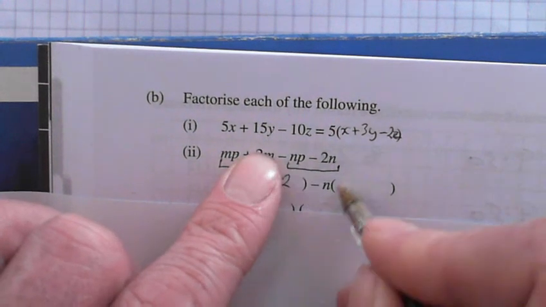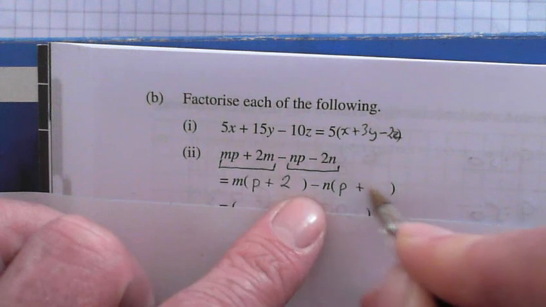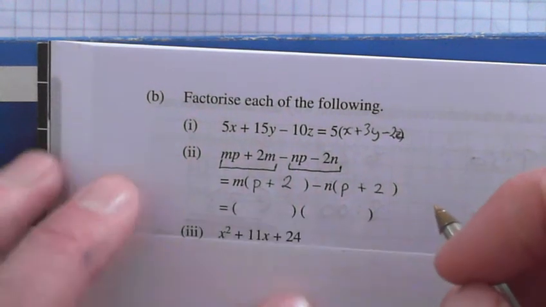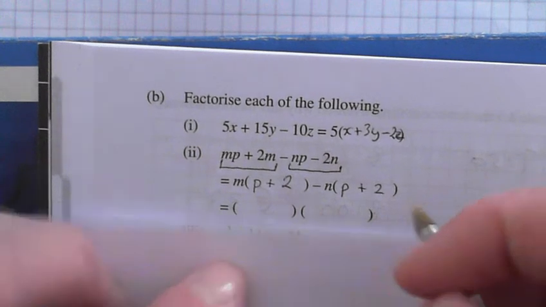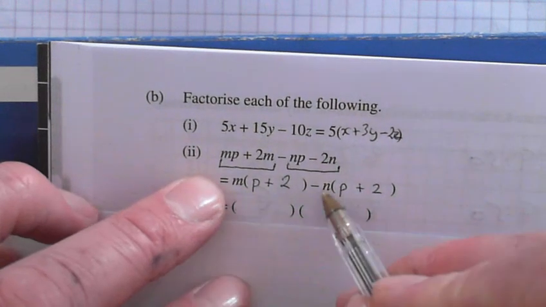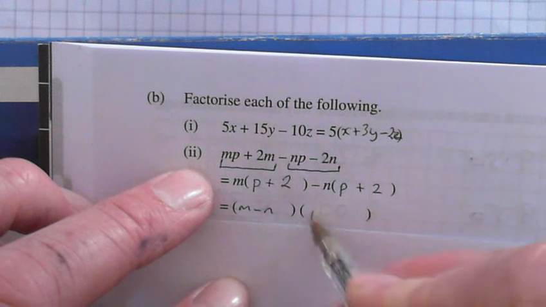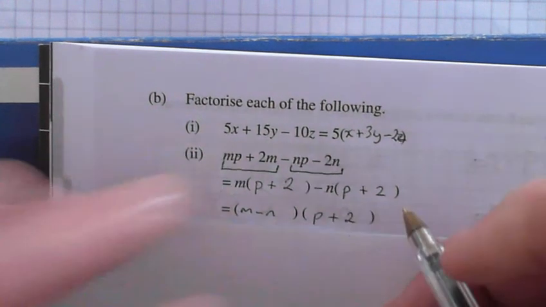P plus 2 again. So what are the two answers? M minus n and P plus 2, right? Yeah, that's okay.